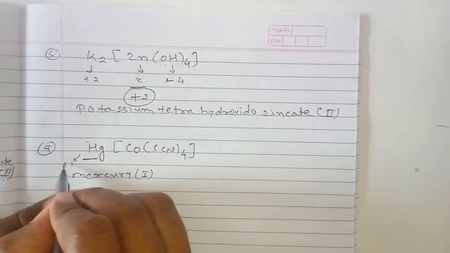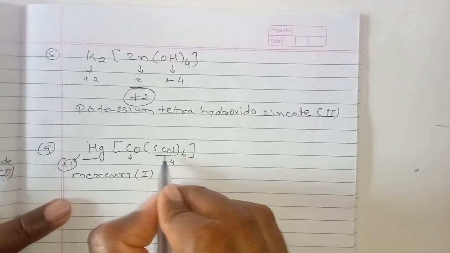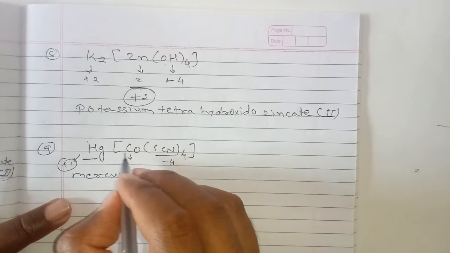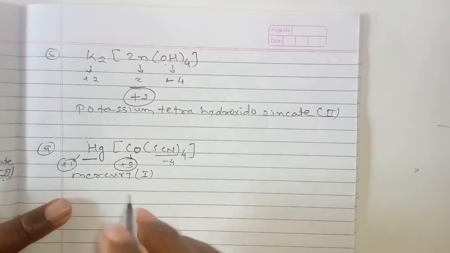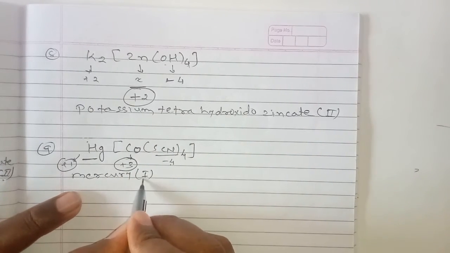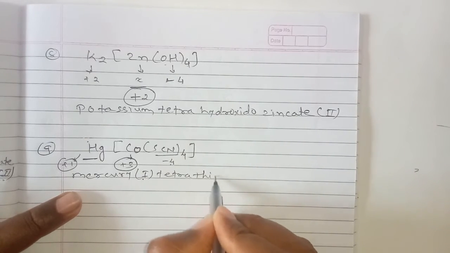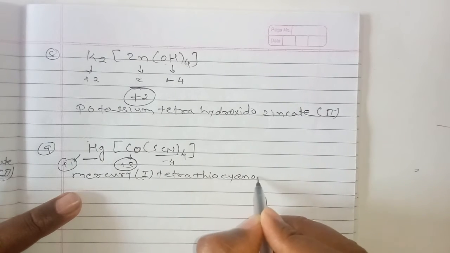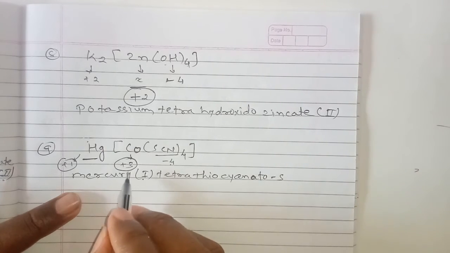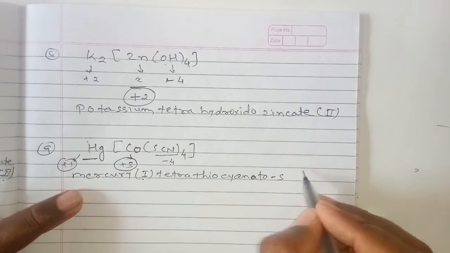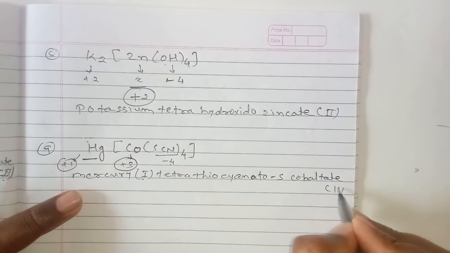Here the +1, and then cobalt thiocyanate, -4, so 4 minus 1 minus 4, so for cobalt the oxidation state will be +3. So mercury(I) tetrathiocyanato-S cobaltate(III).